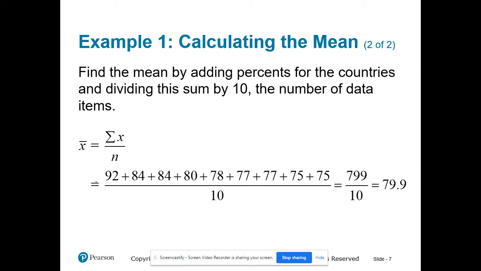Here we have the 92, the 84, the 84, the 80, 78, the 77s, and the 75s. When we add these together, we end up with 799, and we divide by the number of numbers we have, which is 10, which gives us 79.9% of the people.